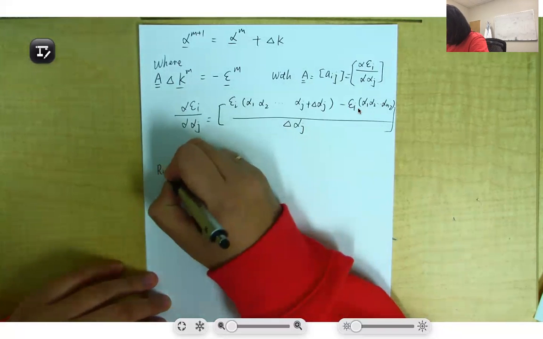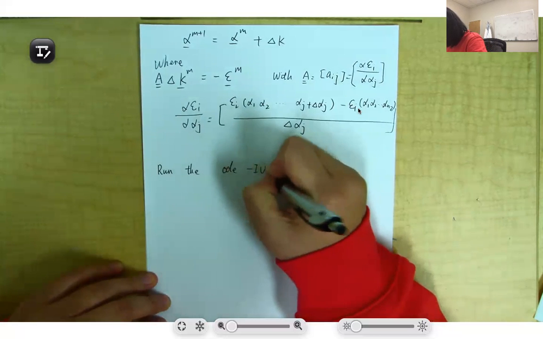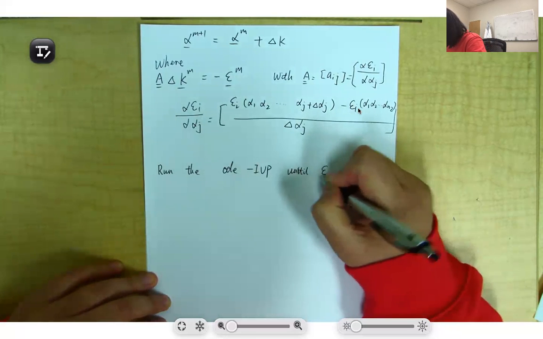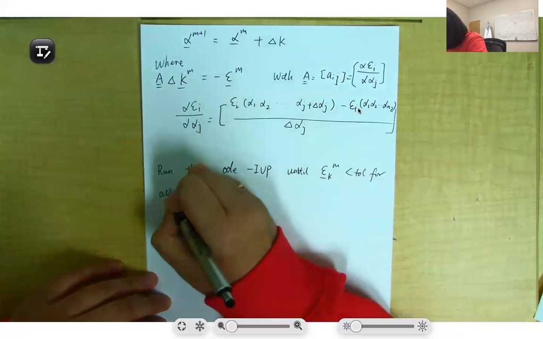And run the ODE IVP until epsilon_k at m is smaller than the tolerance for all k.